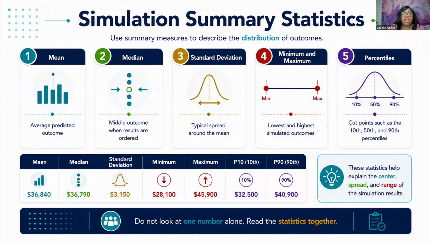The minimum is the lowest simulated prediction, and the maximum is the highest. The range is the difference between the maximum and the minimum. Read these measures together. The mean tells us the center; the standard deviation and range help us understand the amount of variation around that center. And remember, you can't just look at one of the numbers; you have to put it all together.